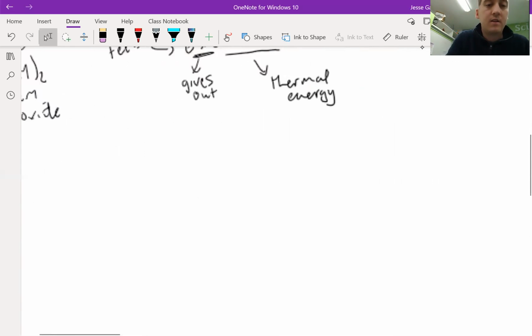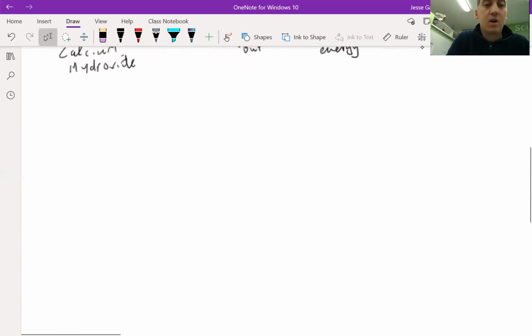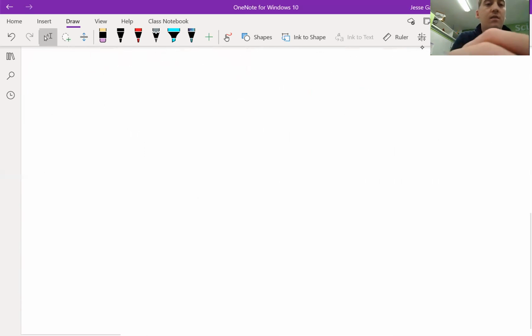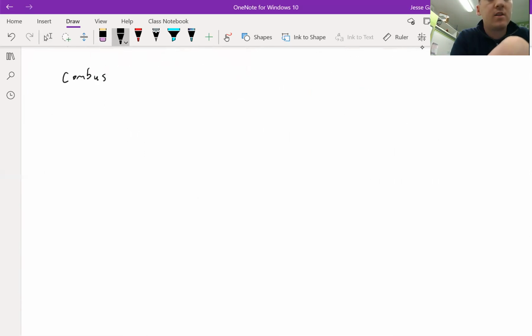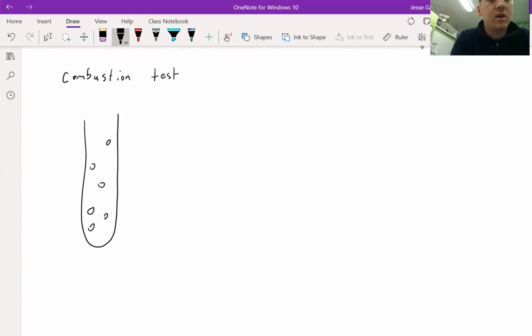Now, we've got our 5 tubes of Ethyne gas collected. The first thing we're going to do is a combustion test. So just like we did for Ethene, combustion test, we're going to take our test tube of Ethyne gas. So these bubbles or these molecules, particles show us Ethyne gas.